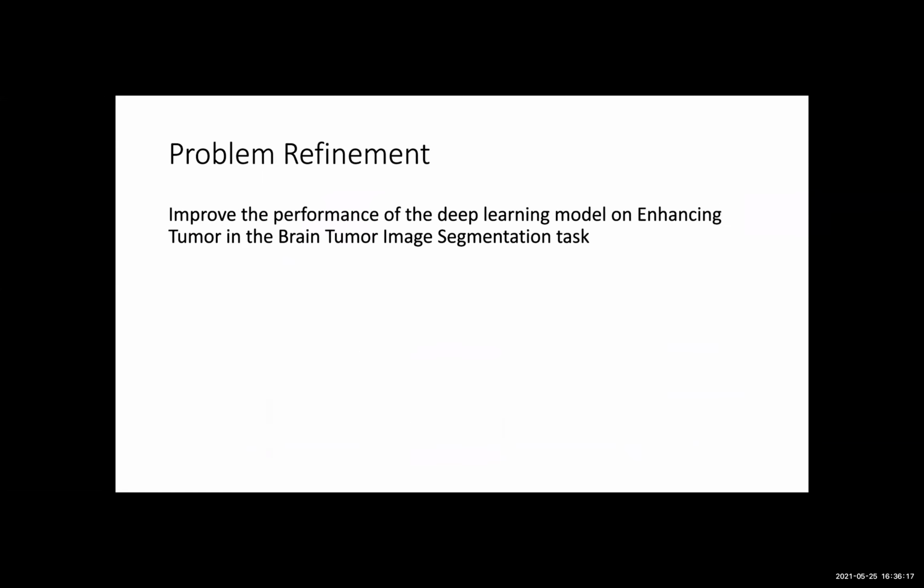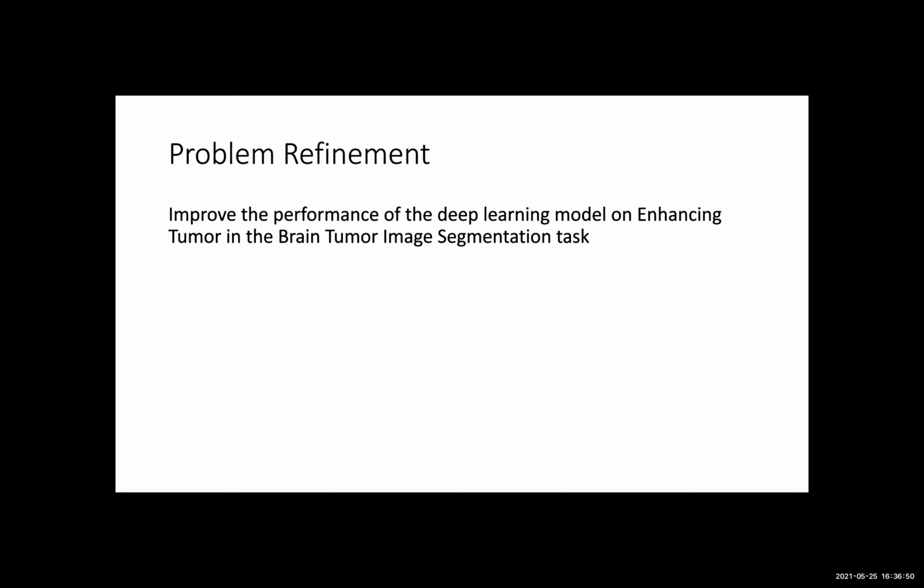So based on my first round of analysis and my summary from reading the state-of-the-art solutions, I have refined my problem from a broader, more general problem statement into a more specific one. In this master thesis, I will try to improve the performance of the deep learning model on the enhancing tumor in the brain tumor segmentation task.